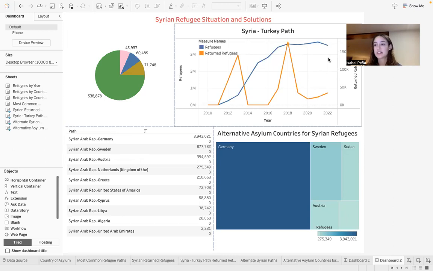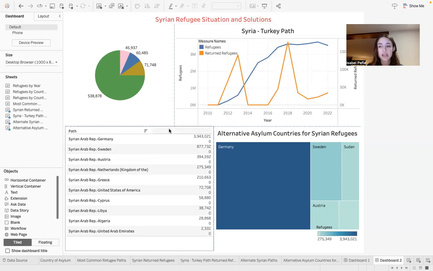But in years like 2013 and 2018, the rates were much higher. For example, in 2013, which is this peak right here, 24 out of every 100 people were returned to Syria. It is important to find alternative asylum countries for Syrians to help them escape their country and not be returned to the danger they encounter every day in their origin country.